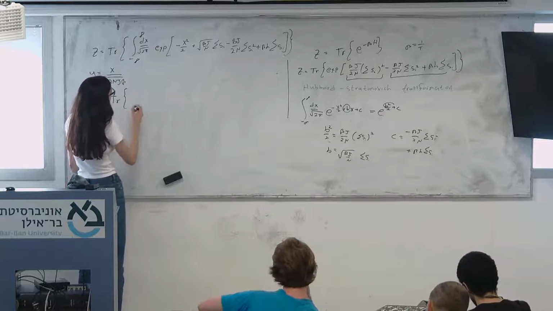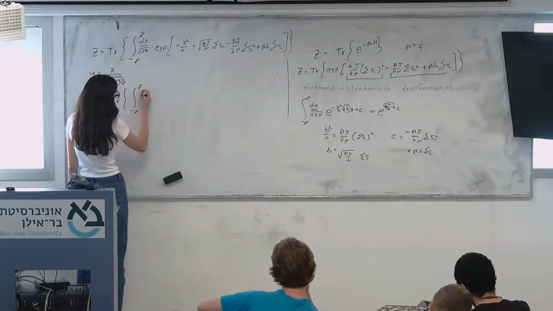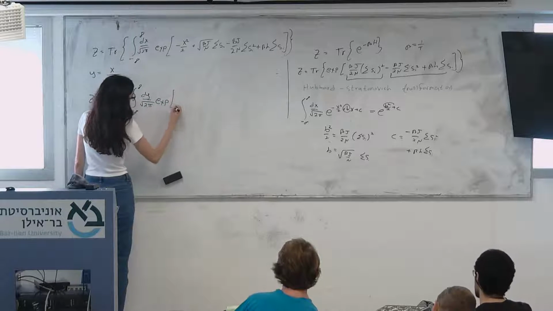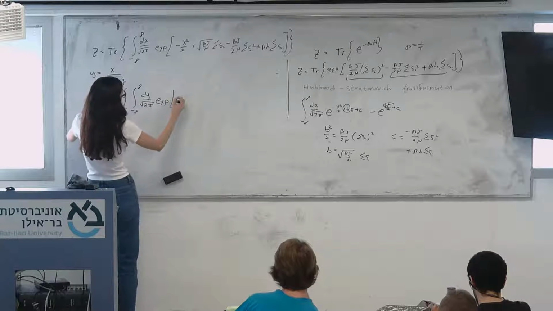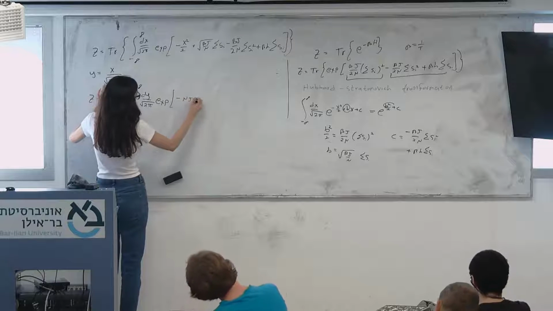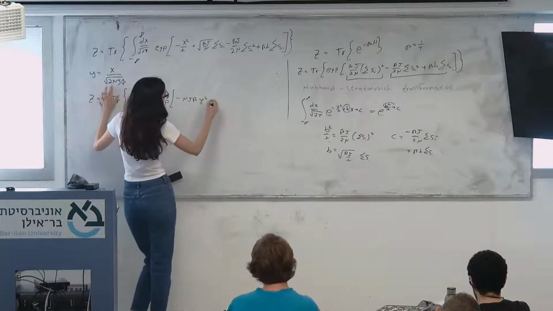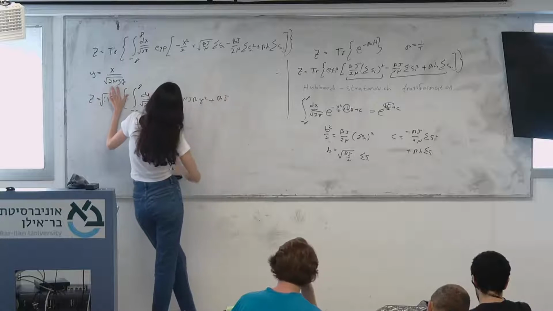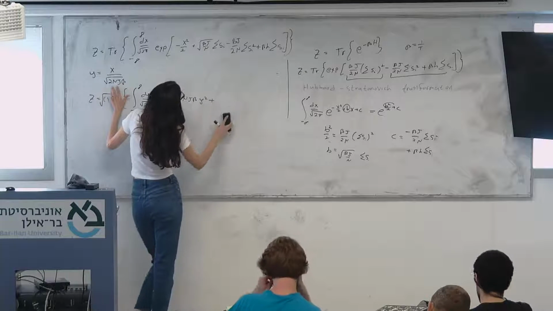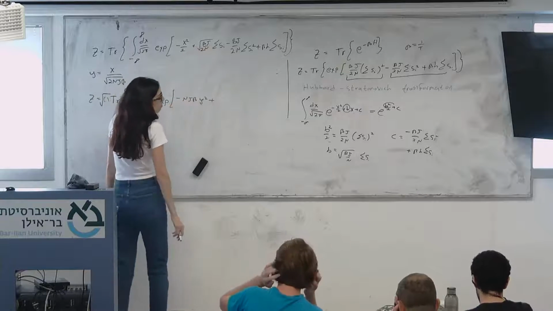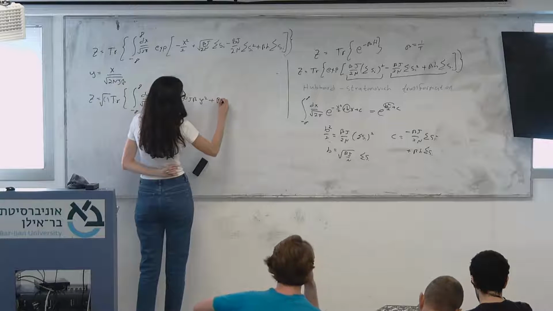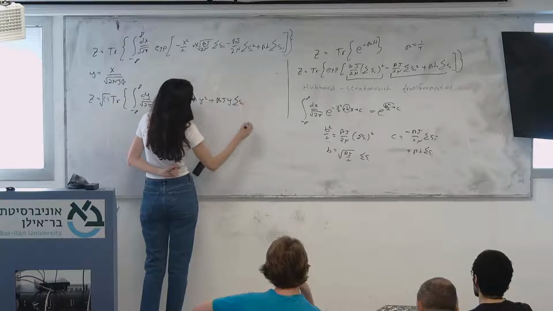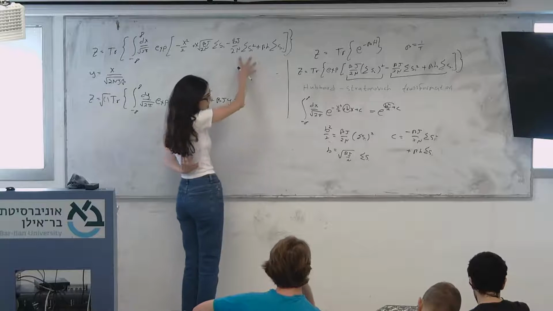So we have an integral over dy, exponent of minus n j beta y squared, sorry, this has to be with a factor of half, plus beta j y sum over si, and everything else stays the same because it doesn't depend on x.